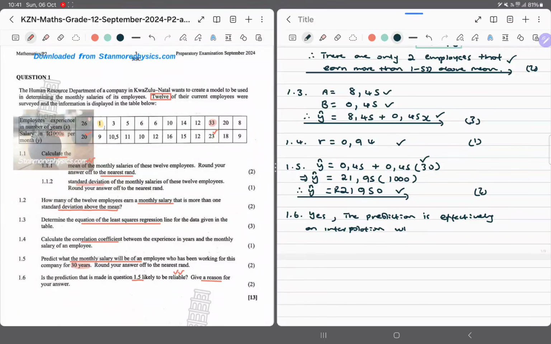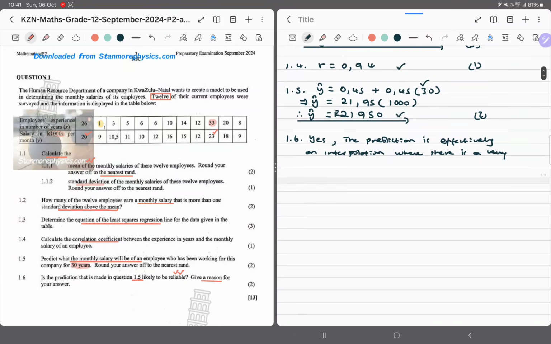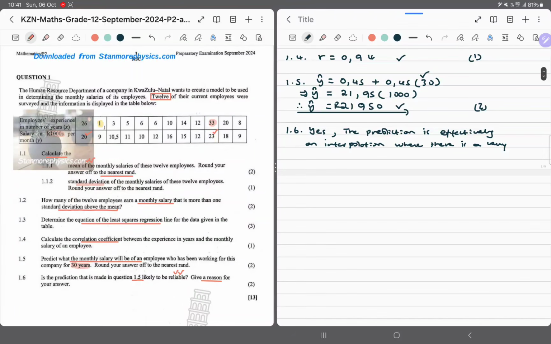where there is a very strong positive correlation between variables. Okay, where there is a strong, I don't know, sometimes I write well, sometimes I don't.